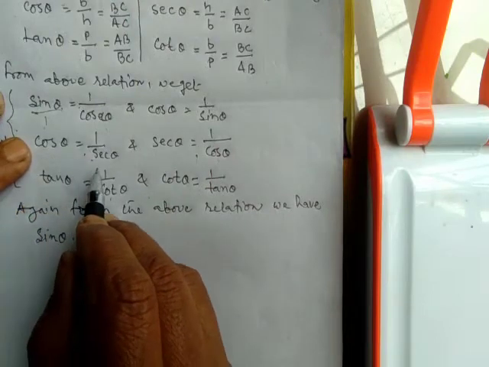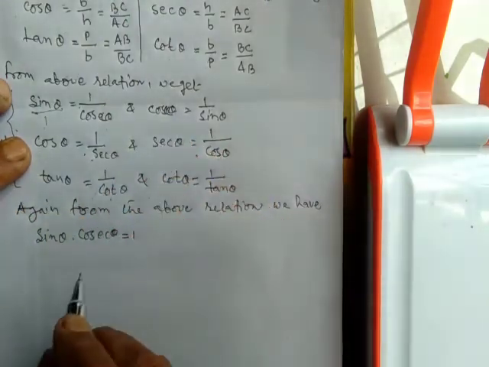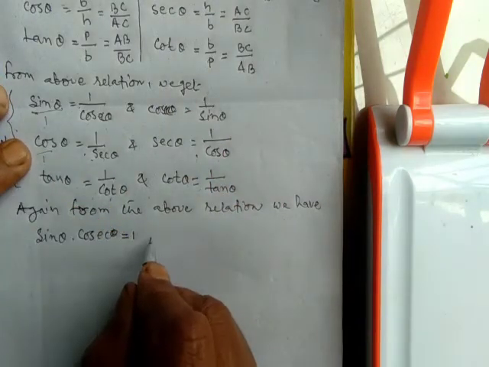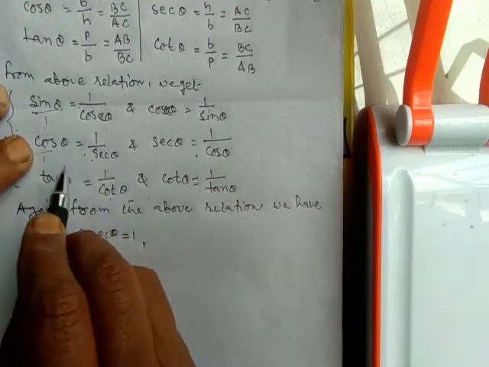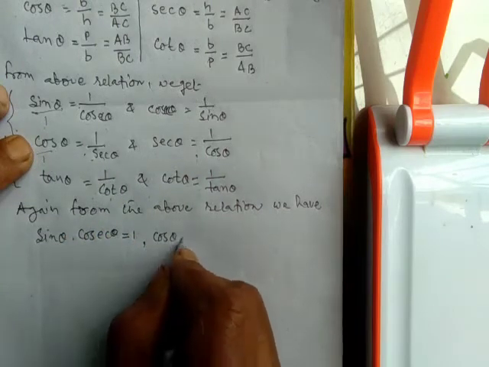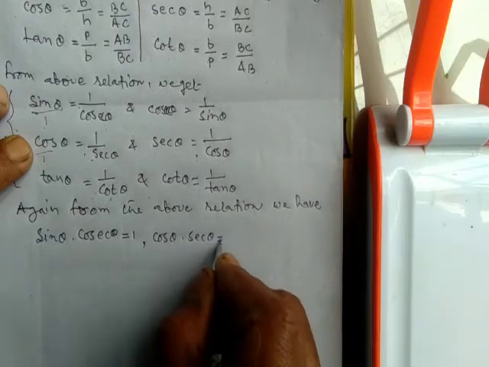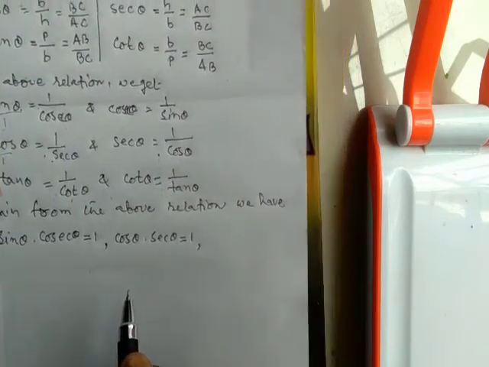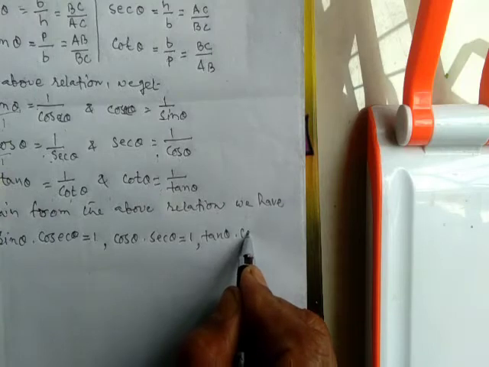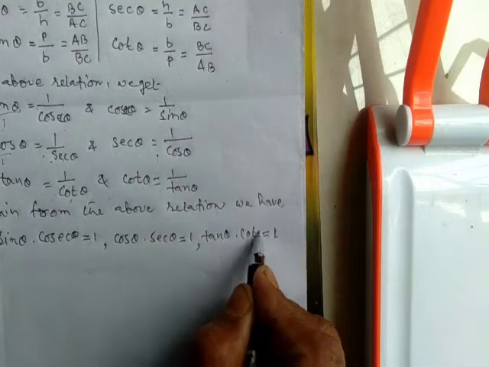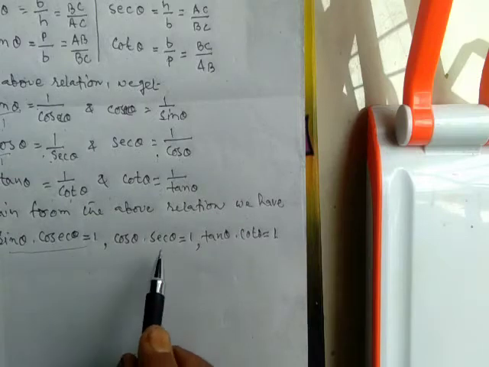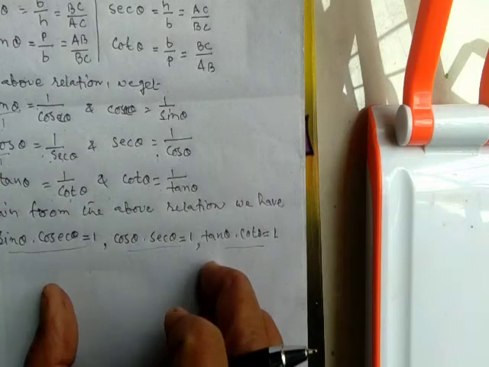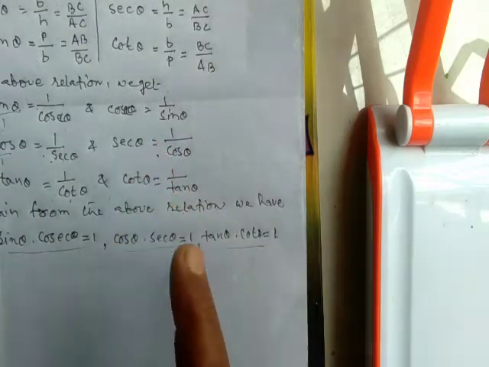Same way, cos theta into sec theta is equal to 1, and tan theta into cot theta is equal to 1. Thus you are getting these three relations again. These three are also formulas. You have to learn them by heart.